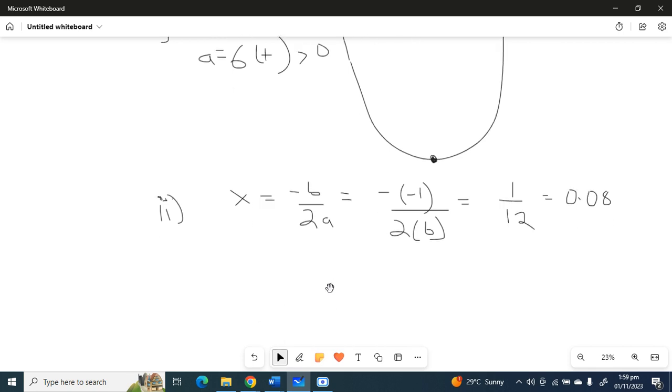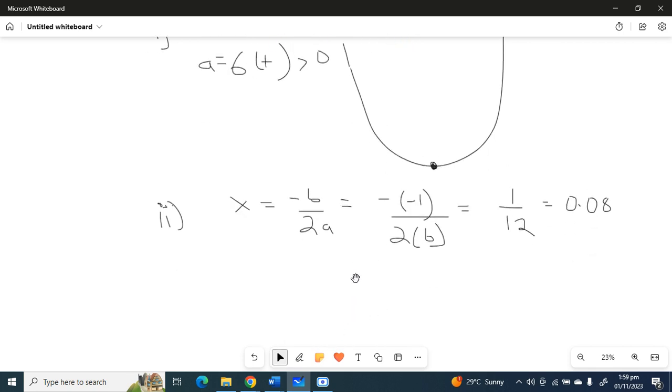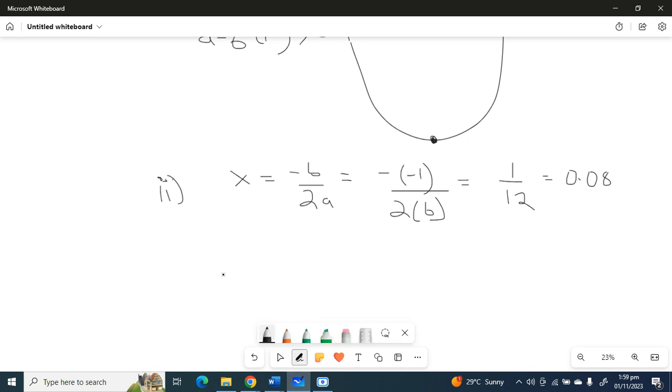So we can use this formula for the y coordinate: y equals 4ac minus b squared over 4a. Another way, if you want to find y, is to take the value of x and just put it in the original function. You'll be able to get the value of y.